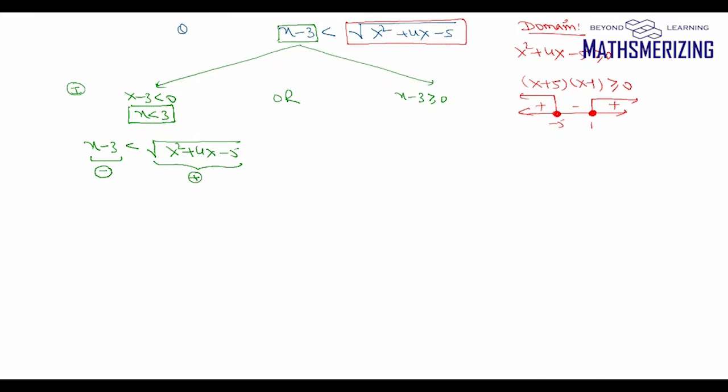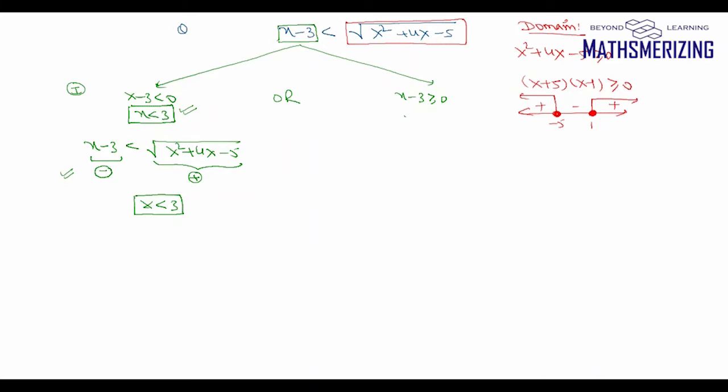So a negative expression is always less than a positive expression, provided the given condition x is less than 3. So from the first case, the solution I'll get is that the value of x should be less than 3.